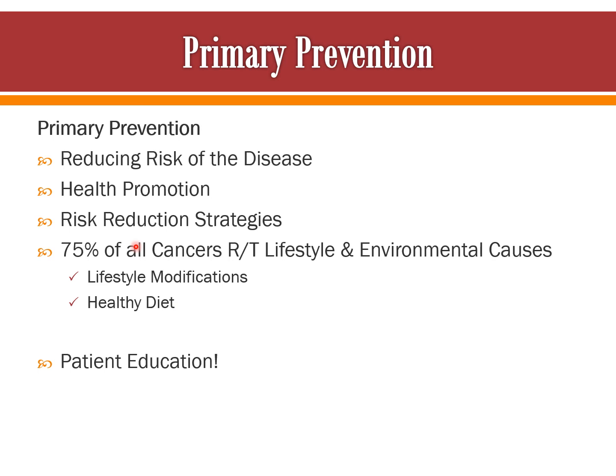There's a statistic here that at least 75% of all cancers are related to lifestyle and environmental causes. So there's something you're doing in your lifestyle, maybe it's your environment, you're near a radiation plant or something, that's why you're more at risk for getting the cancer. But the main takeaway under primary is prevention, risk reduction, health promotion. This is before you've gotten the cancer.